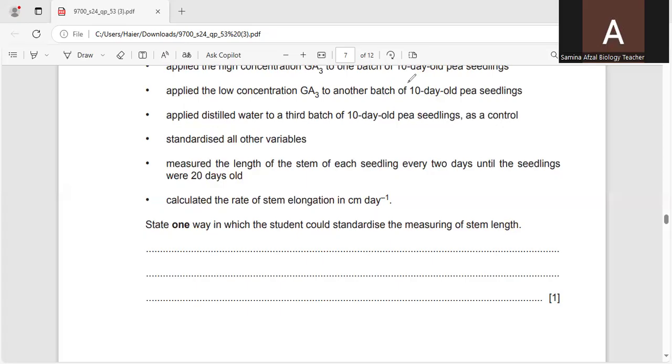So here I am going to write the points, only one point is needed.